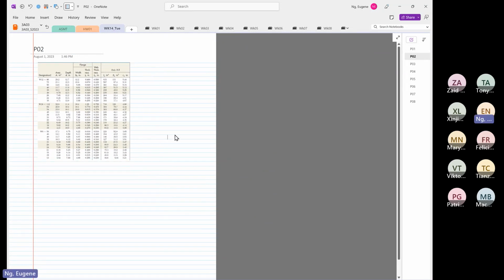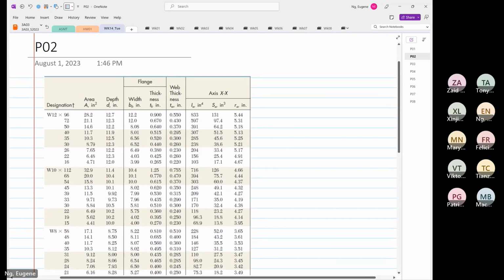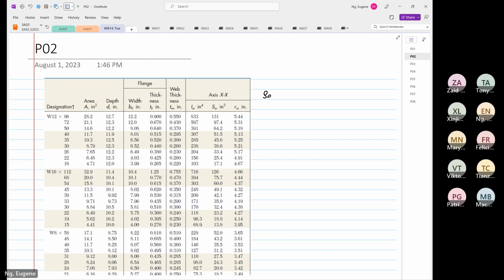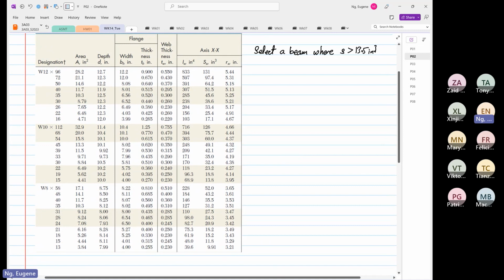So we know that we have to select a beam where S must be greater than 13.5 inches cube. Now we start looking. We start from W8, 13.5 and above.